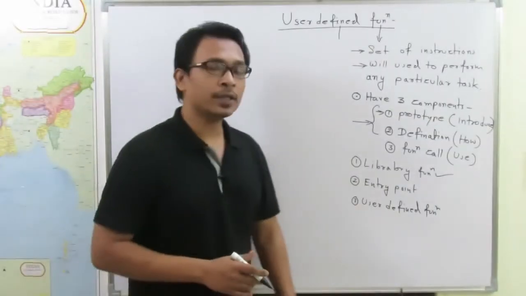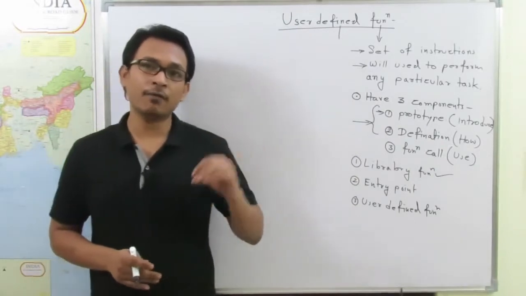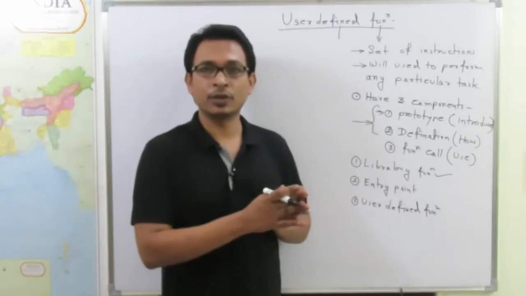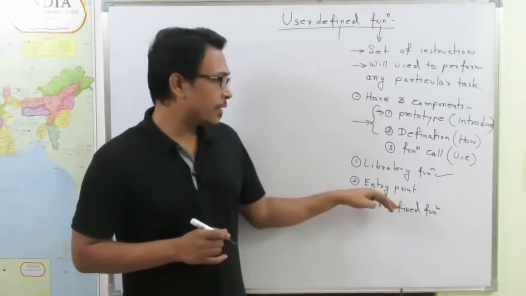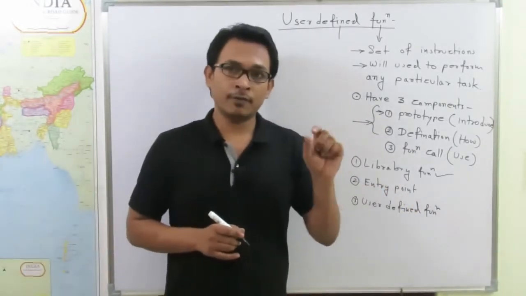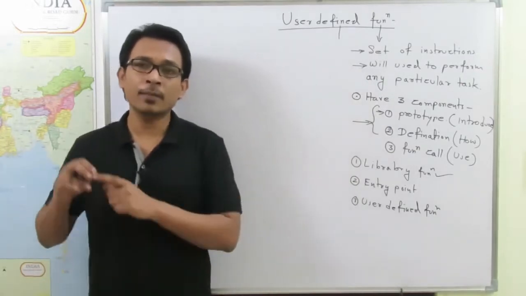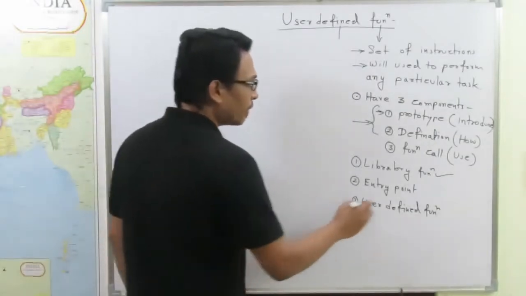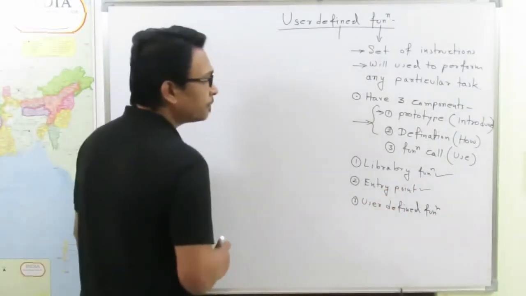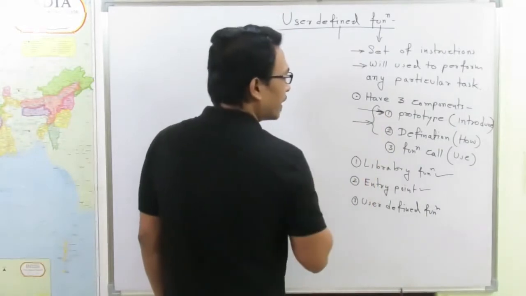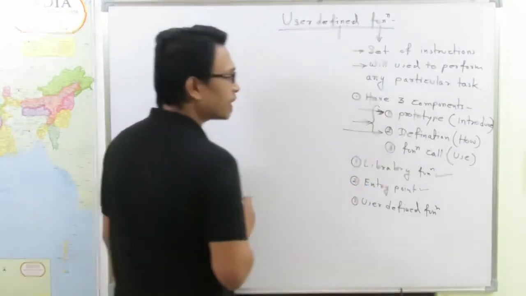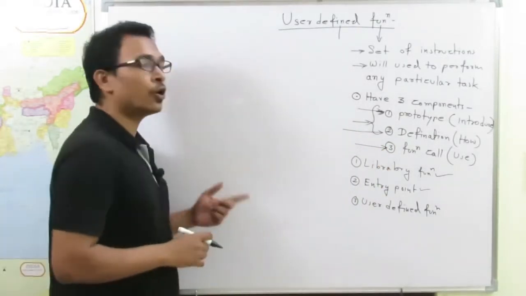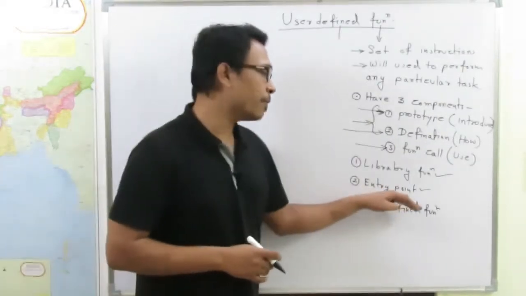Now, what is an entry point function? An entry point function is a special function from which a program starts its execution. It is the point from where the system starts execution of any program. Clear? For the entry point function, the prototype is already given. The function definition is a user requirement, and function call is not required, because the system automatically starts execution from the entry point function.